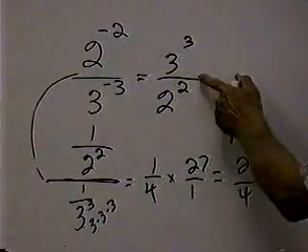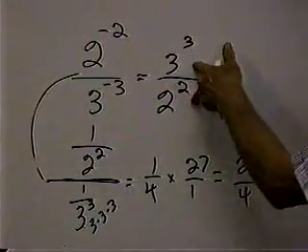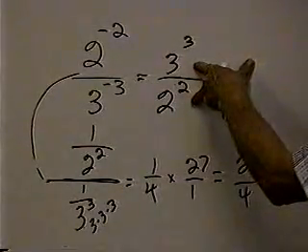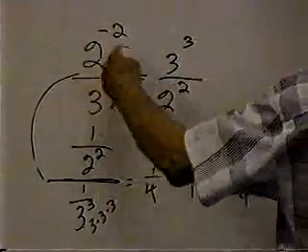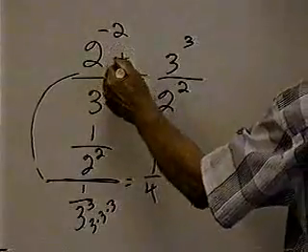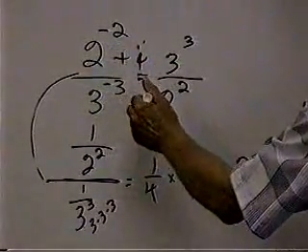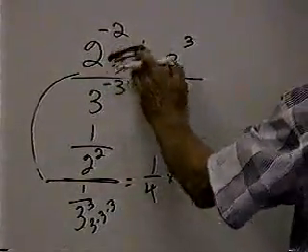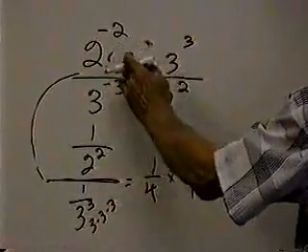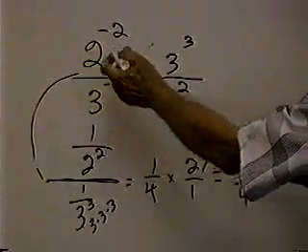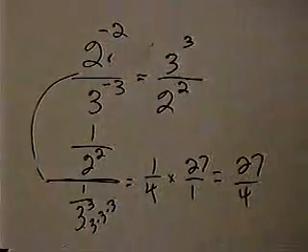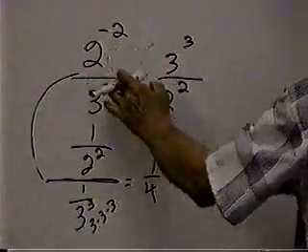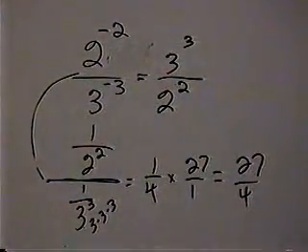And now go work it, and you have 27 over 4. Same answer. Cannot do that if you have addition or subtraction in the problem. But if it's all multiplication and division, then you can move it up and down and change the sign right here. All right, let's go to the next example.